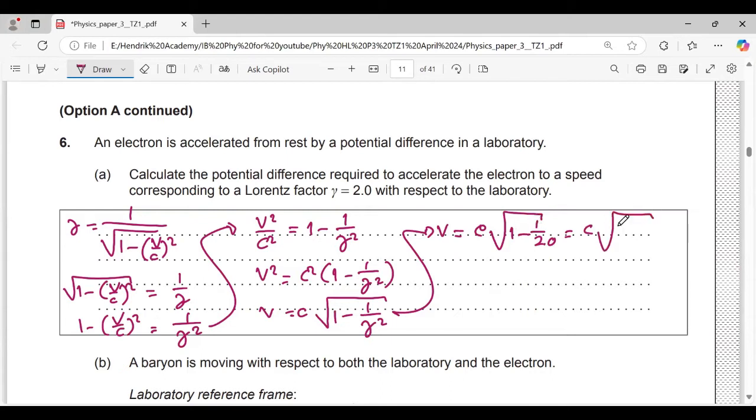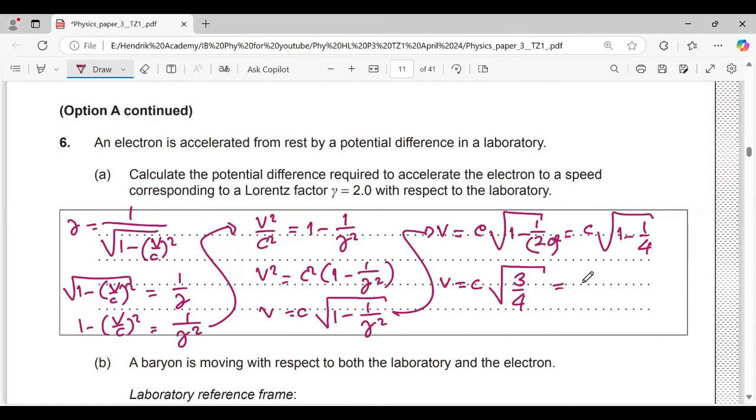It becomes 1 minus a quarter, so v equals c times square root of 3/4. Yeah, 4 minus 1.